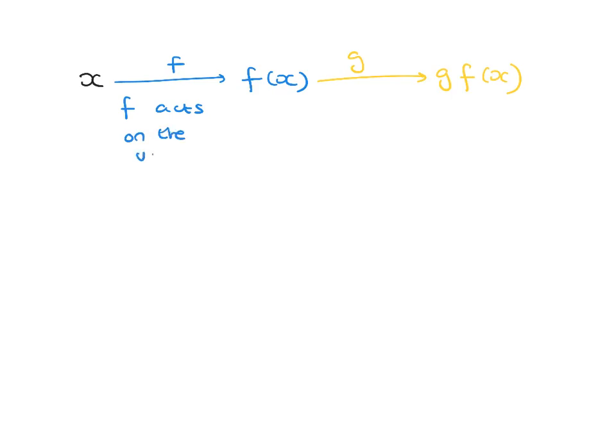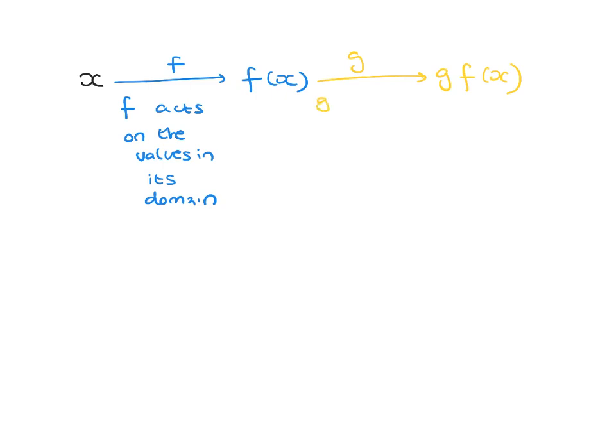We start with x. The function f is then applied, which transforms x to f of x. The function g is then applied, which takes us to g(f) of x. So f acts on the values in its domain, which takes us to its range.